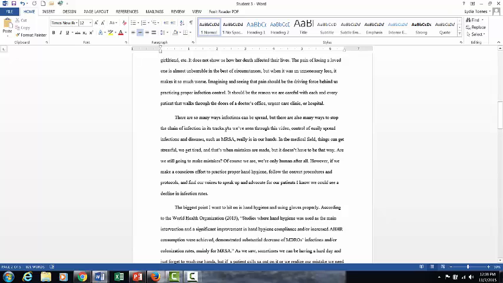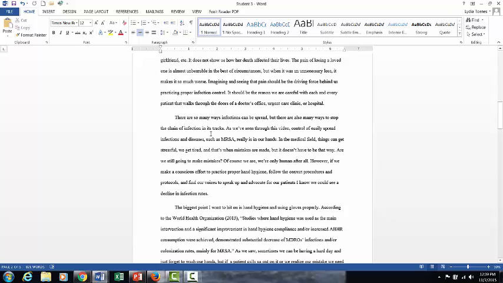Because we're being literal, this just won't work. It should be something along the lines of, but there are also so many ways to prevent infection transmission, period. So take that personality out of the paper by not saying comments like that.